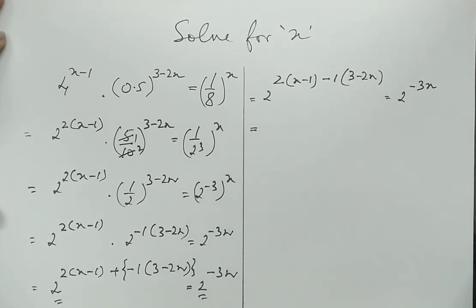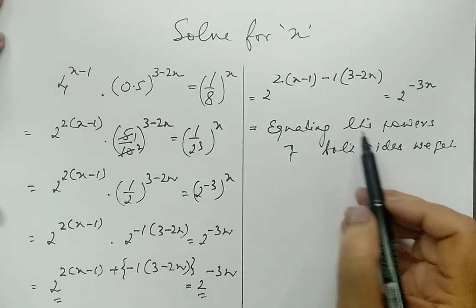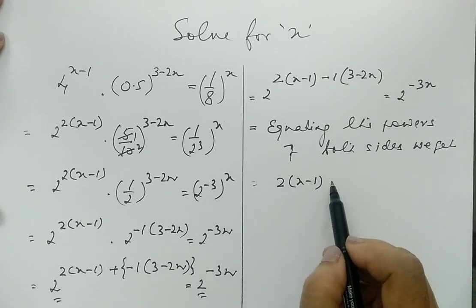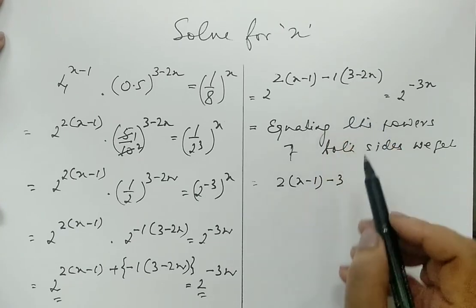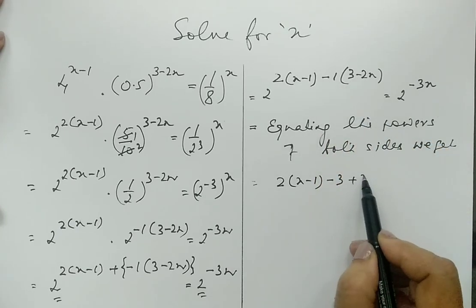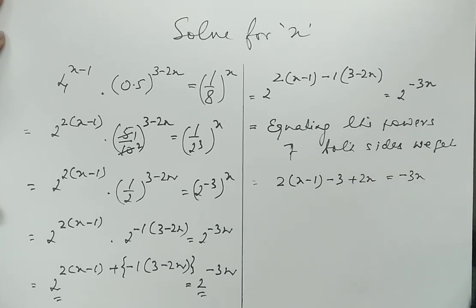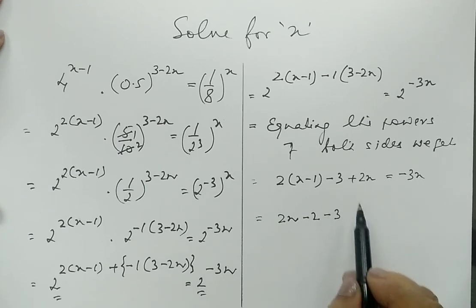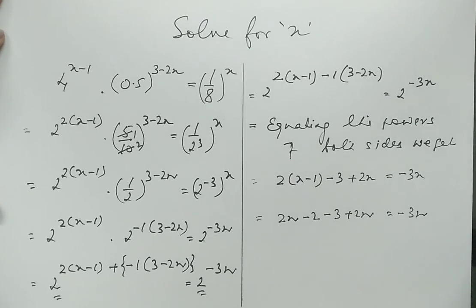So further what we have is, we'll equate the powers: 2x minus 1 minus 3, minus plus minus and minus minus plus 2x equals to minus 3x. Next step, 2x minus 2 minus 3 plus 2x equals to minus 3x.